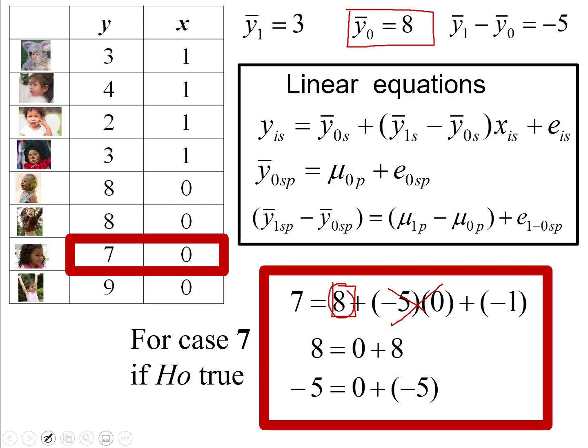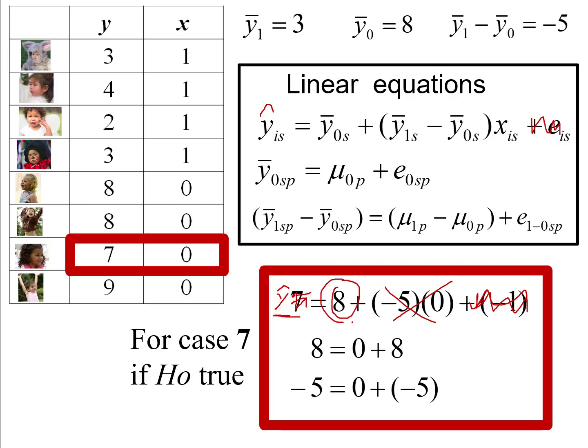And by the way, if we had the equation where I had the hat on one side, if I use y hat and I scribbled out the e, that would look just like this. I'll just scribble out the e, and I'll say the predicted score on y, her y hat, would be equal to 8 plus -5 times 0. And 8 plus -5 times 0 just becomes 8, so that shows that her predicted score on y is equal to 8.